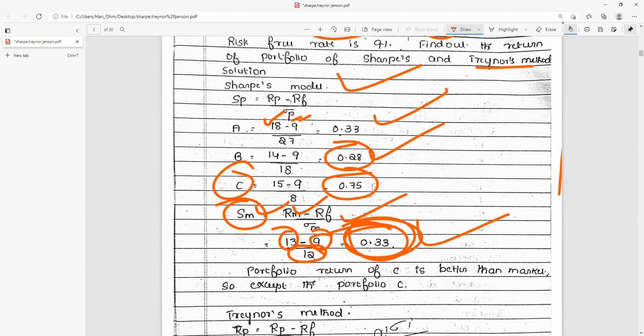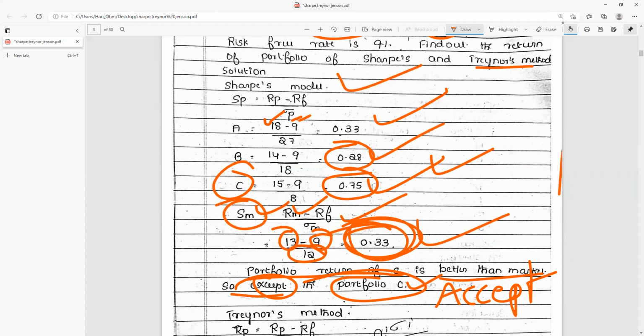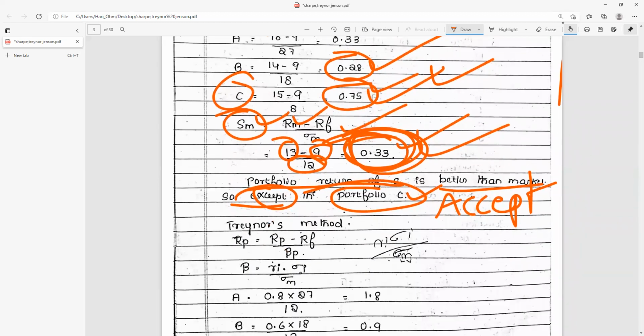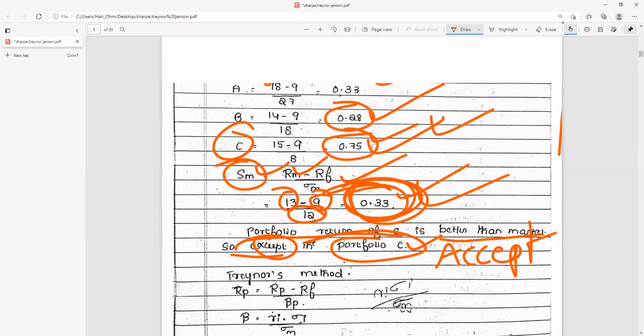That is C. So you accept portfolio C and you can invest in portfolio C, because the portfolio return of C is 0.75, which is more than the market return of 0.33. That is under Sharpe's method.